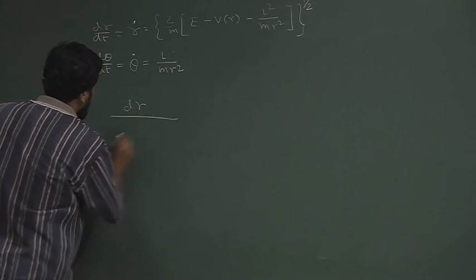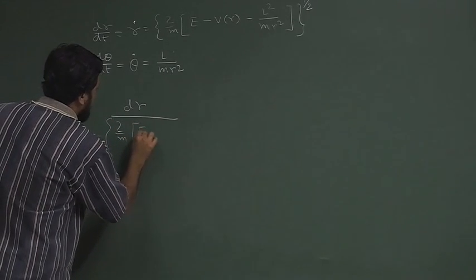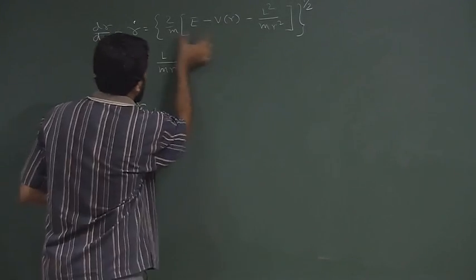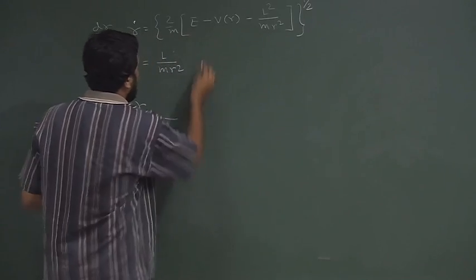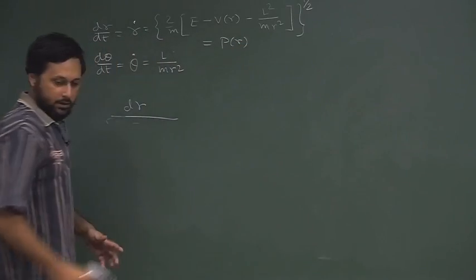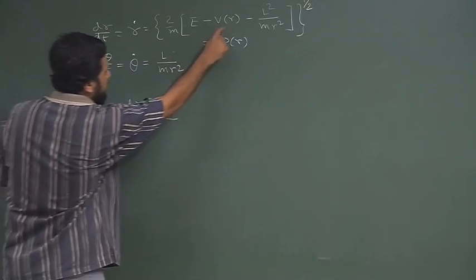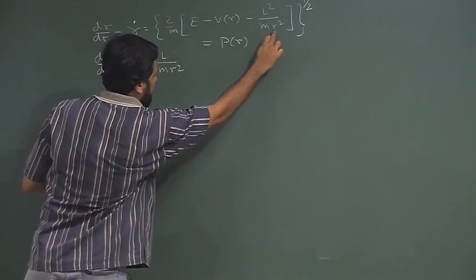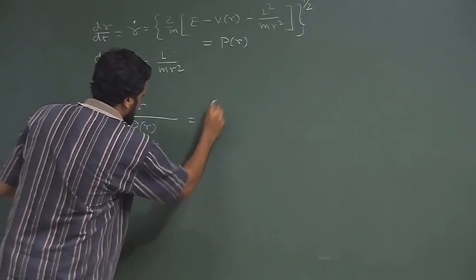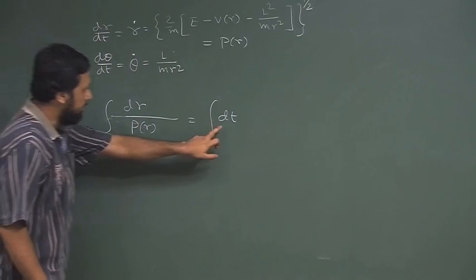and from here we can just shift this in order to write it. Essentially, instead of writing this full expression, we can just call it some p of r, p being some function, this particular function, and because it has r here and here, we can write this as dr by p of r, this integration, and dt integration.